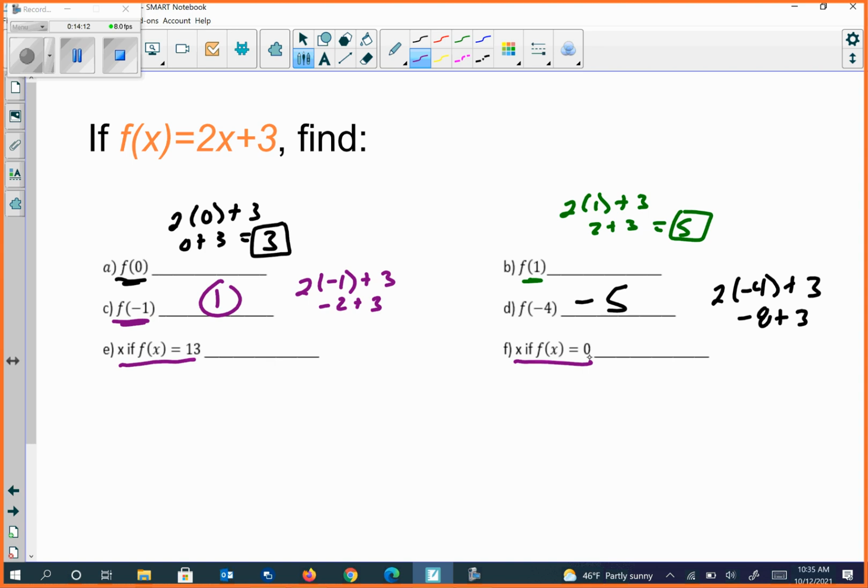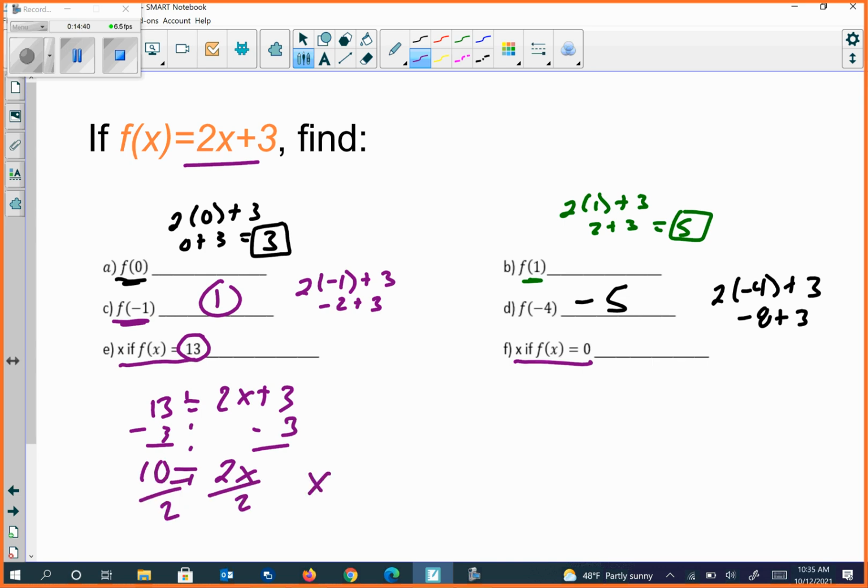So what am I going to do with it? What do you think? Come on, my critical thinkers. You know this. Yeah. So I'm going to say this is going to equal this. So I'm going to go 13 equals 2x plus 3. Or I could have flipped it over and went 2x plus 3 equals 13. Solve it. Divide by 2. x equals 5.